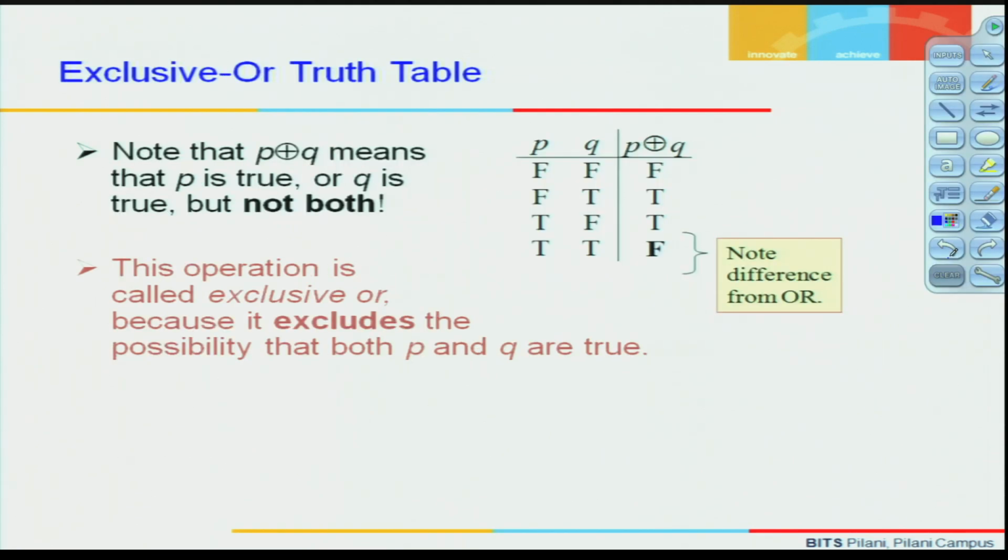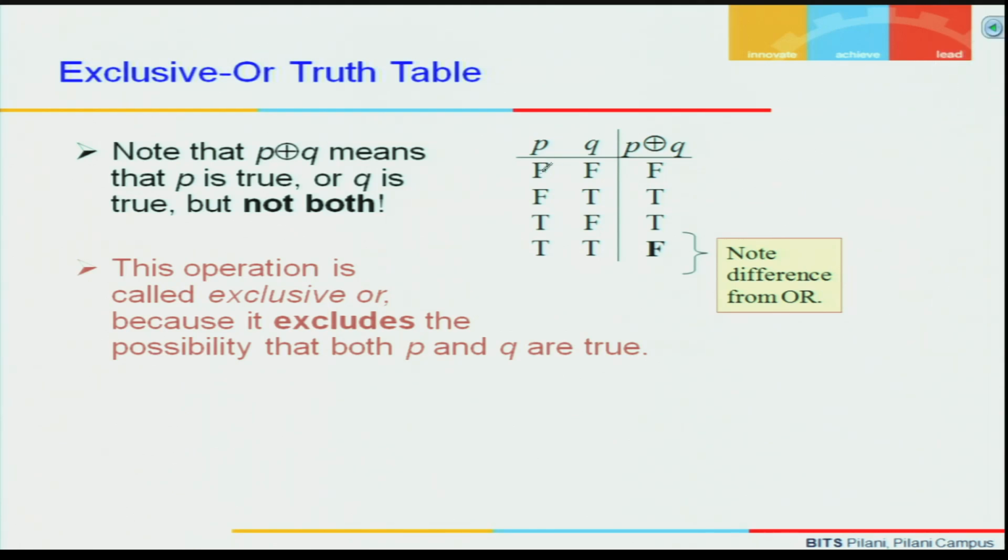However, because it is a binary operator acting upon two operands, we have to define, and this operator defines for each combination the resultant truth value. When P and Q happen to be false and false, then P exclusive OR Q is defined as false.